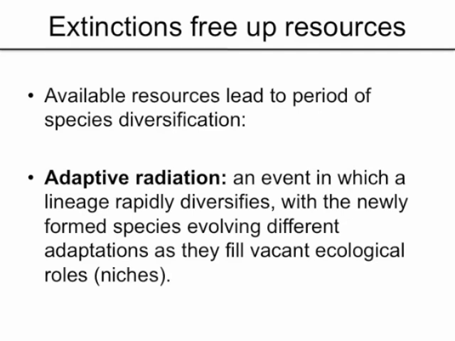So when all those dinosaurs went extinct, there were lots and lots of available resources for organisms that survived the extinction event. Anything that survived that meteor hit now had lots of resources to play with, and it could lead to what's called adaptive radiation, an event in which a lineage rapidly diversifies when newly formed species evolve different adaptations as they fill vacant ecological roles or niches.